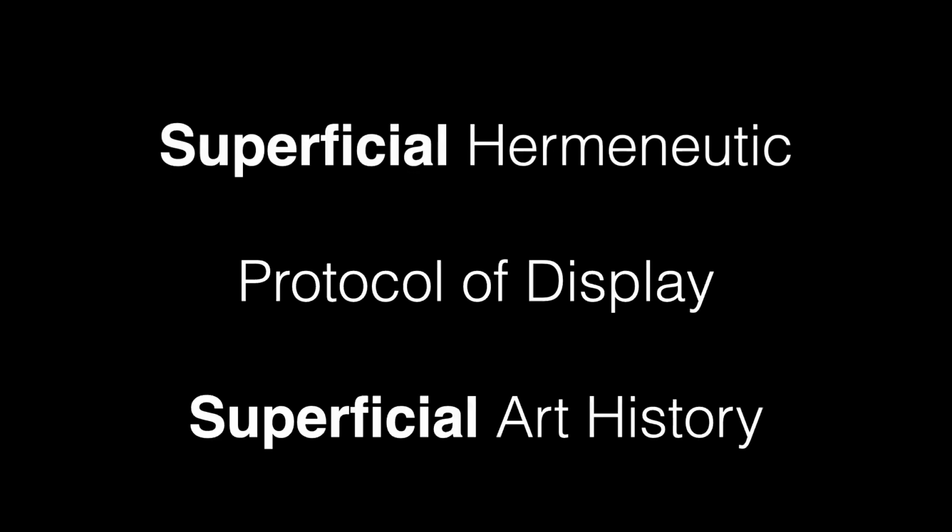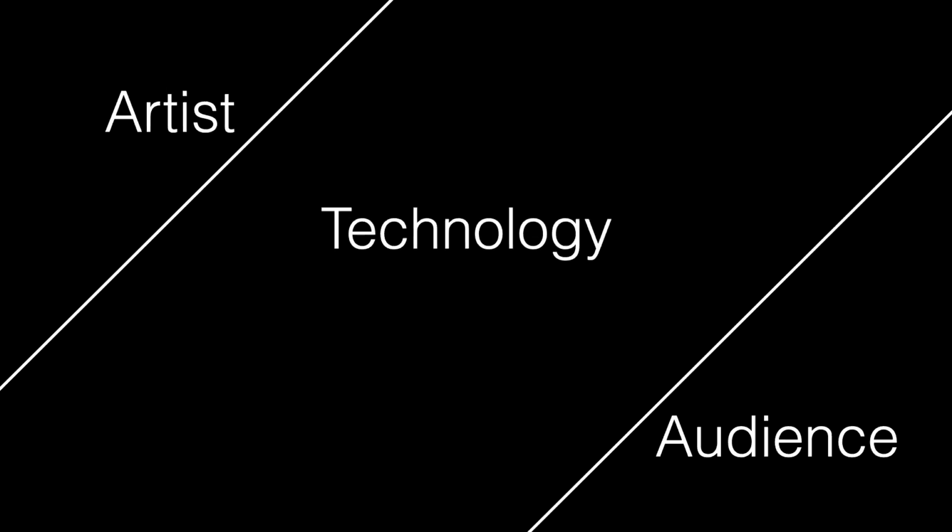One could see superficial hermeneutic as a protocol of display. Superficial art history emerges because it prefigures exemplarity because the surface, superficial, differentiates artist and audience, and it emphasizes technology and material.